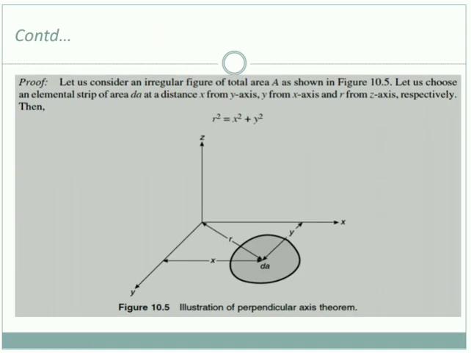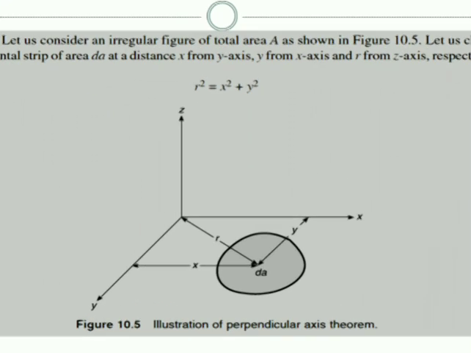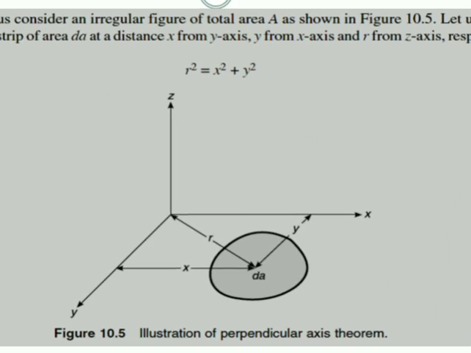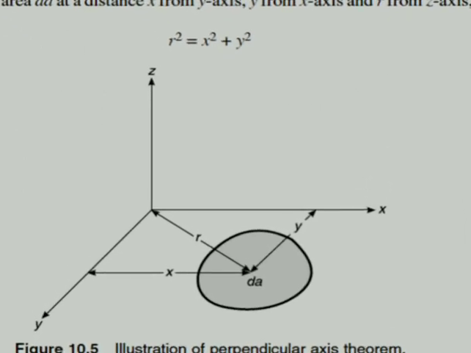So let's start with the proof. Now I have taken an area such that with respect to all the three axes the area is placed, all the three axes are perpendicular to each other. So we'll take a small element, the dot from where all the arrow marks are coming is a small elemental area.